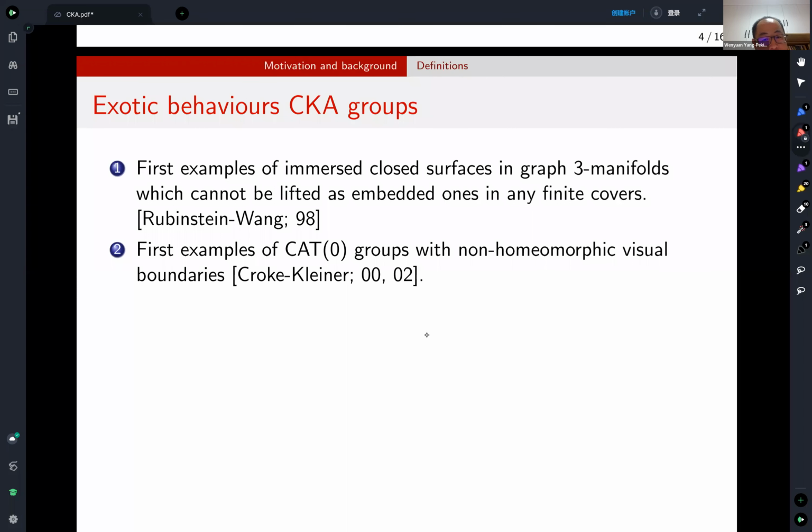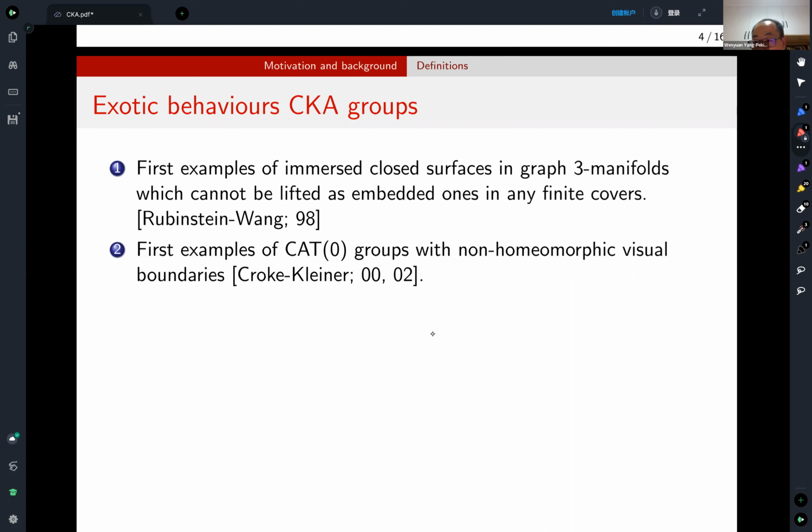This gives the first examples of non-separable surface subgroups in graph manifolds. Also, this gives the first examples of CAT(0) groups such that their boundaries are not homeomorphic.